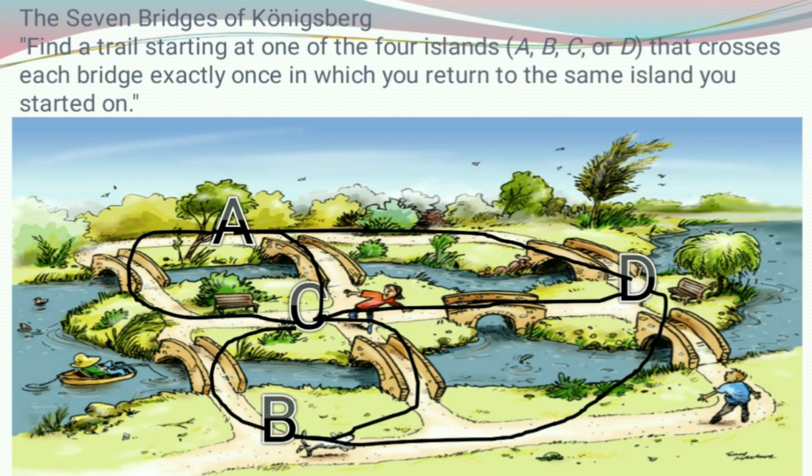So there are 7 bridges connecting the land masses A, B, C, D.